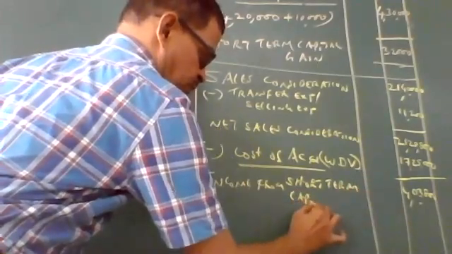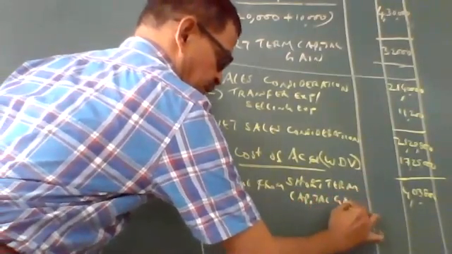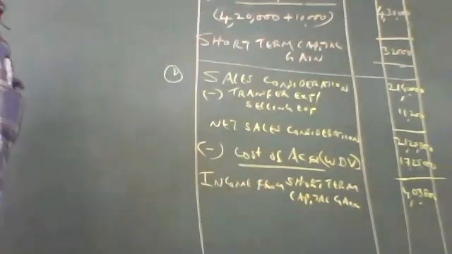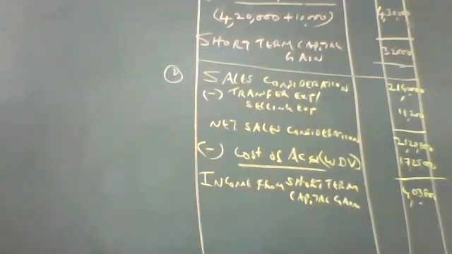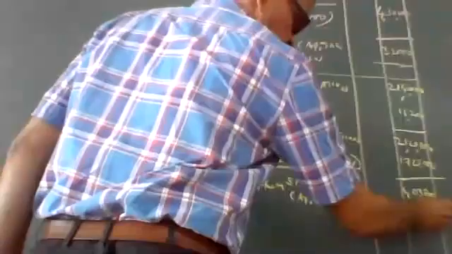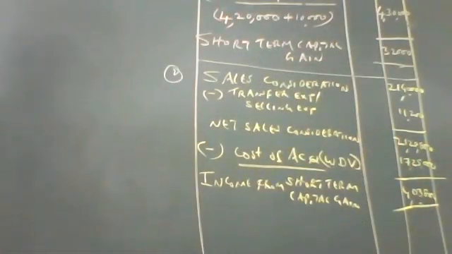But further, it is asking us to calculate the tax liability if there is no other income. How to calculate tax liability? You got this 4,03,800 short-term capital gain. How to calculate tax liability?